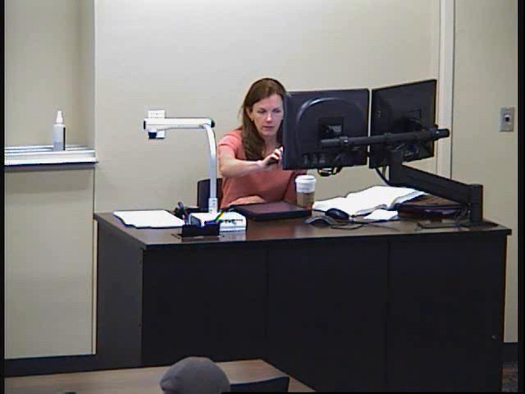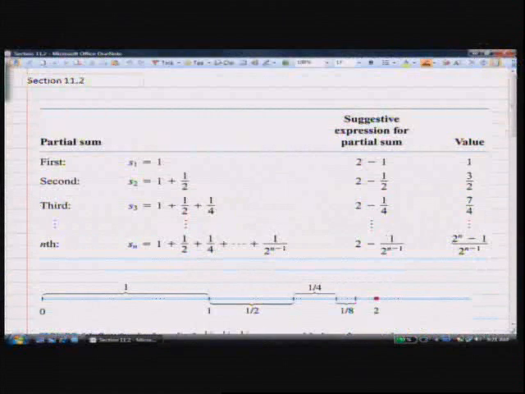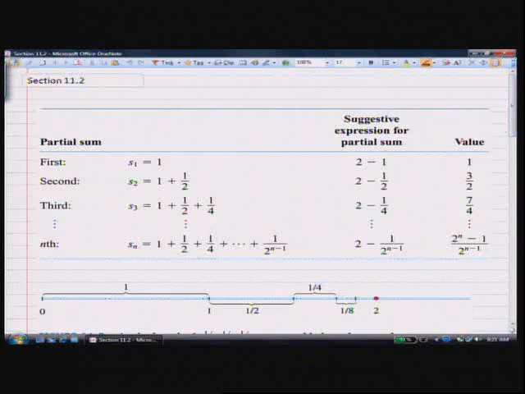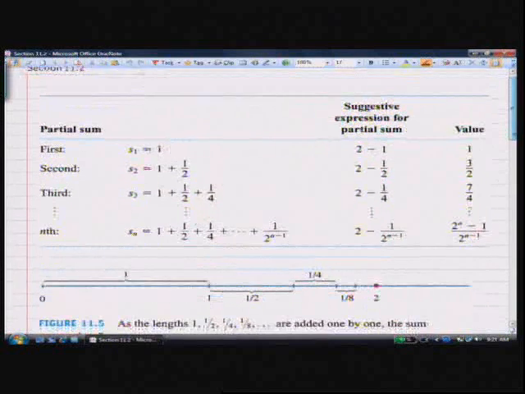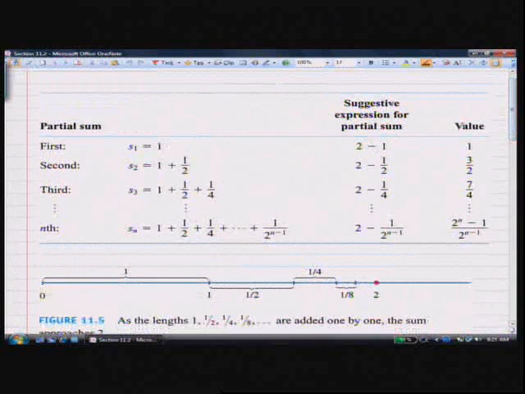So I will go to the laptop and look at these sums. This is section 11.2, and here we are. We have our first, second, third, all the way into our nth partial sum. The first sum is 1, and then S sub 2 is the first term of the sequence, so it's 1 plus 1/2.